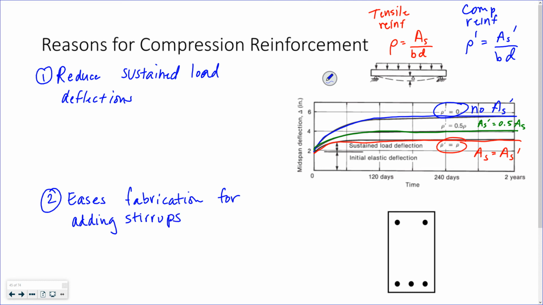There's something for them to anchor to. I'm talking about if I put a hoop right there. If there was nothing there to hold those in place, they'd be flapping in the breeze. So it's partially just there to make it easier to build. Constructability, that's the word.